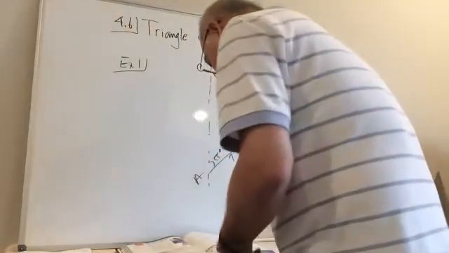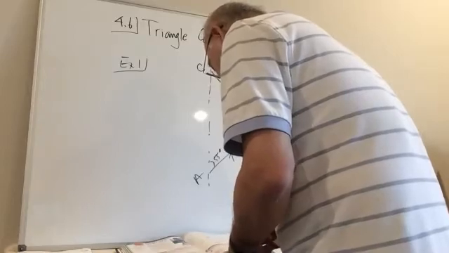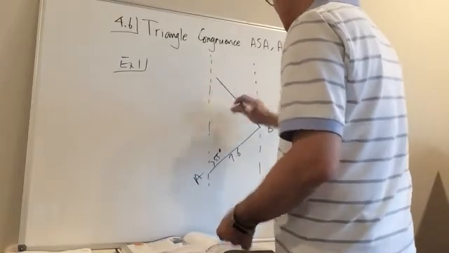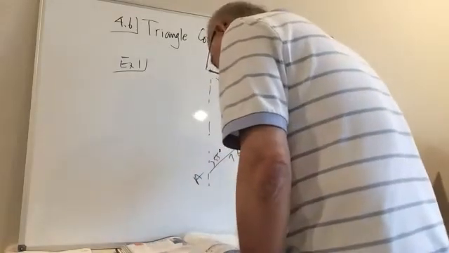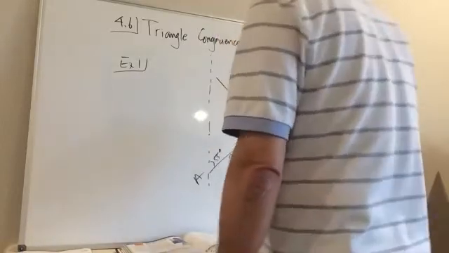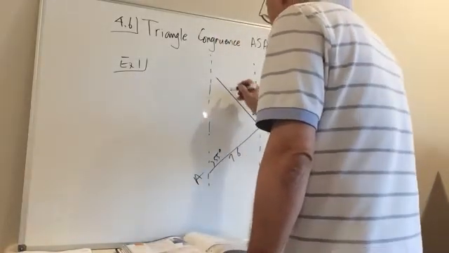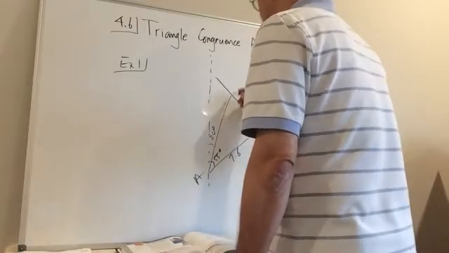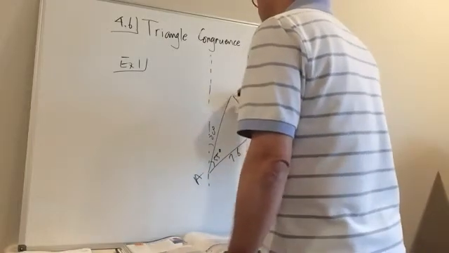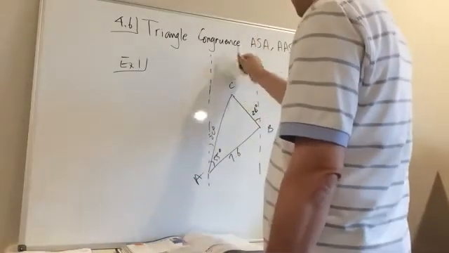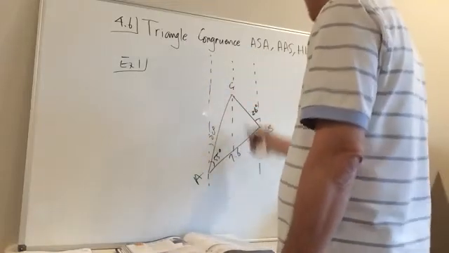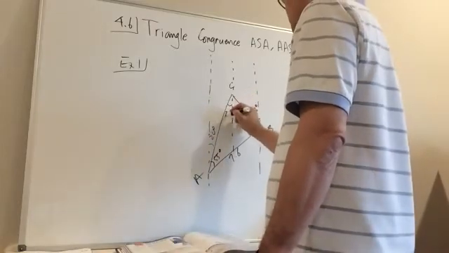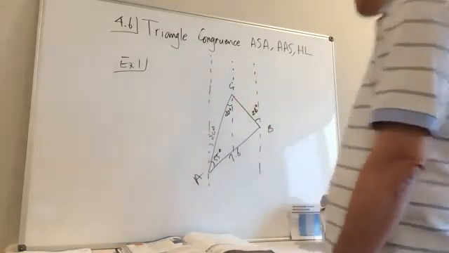Then from C to A is south 20 degrees west. It's going to go like this, where this angle is 20 degrees, and this is C. From here it goes south to west 20 degrees, so since this is 20 degrees, this one is also 20 degrees.